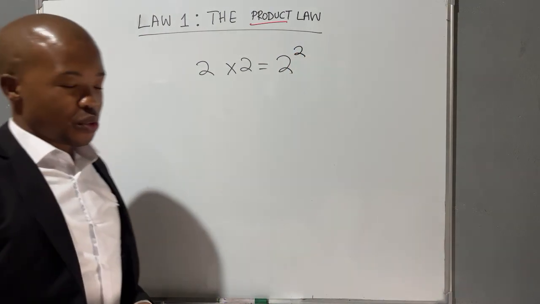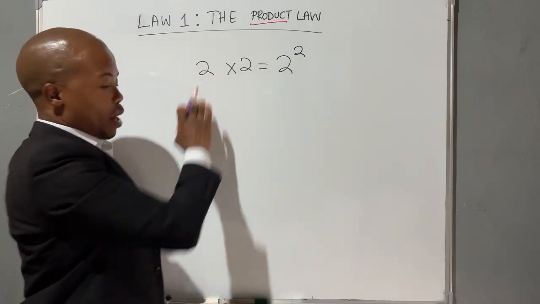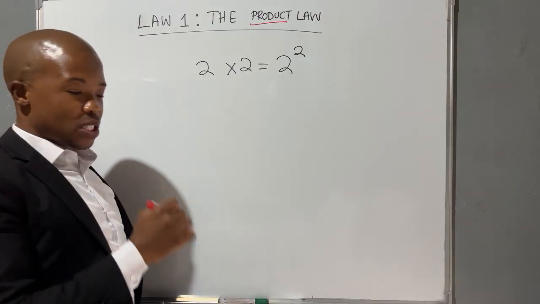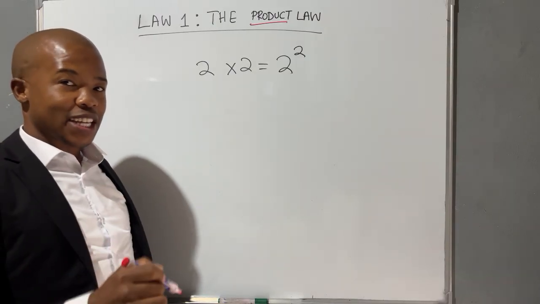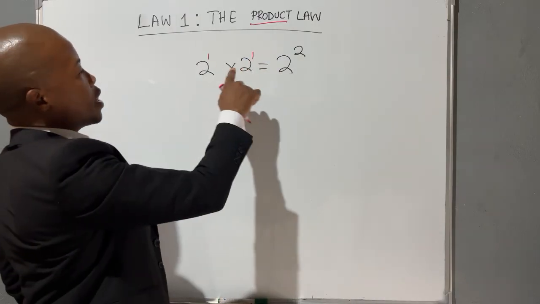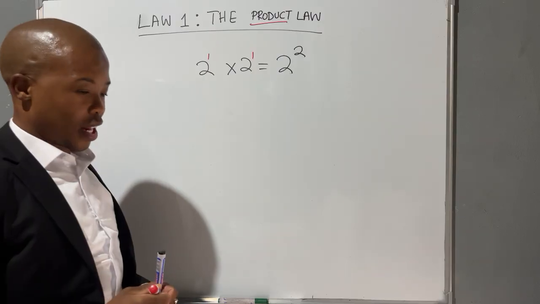Where did we get the 2? Usually, when you see a number or a variable and it doesn't have an exponent, just know that its exponent is 1. Therefore, that 1 plus 1 there gives us the 2 there.